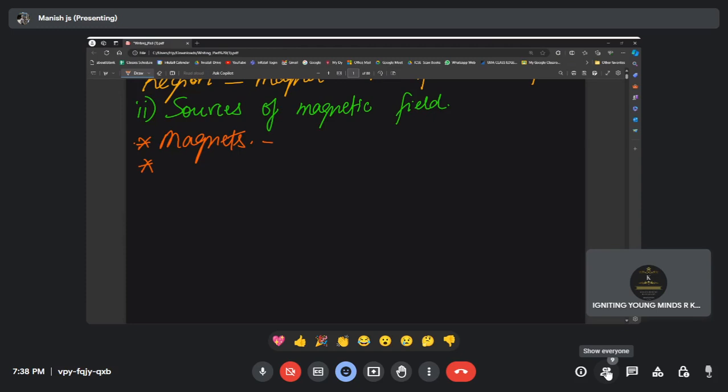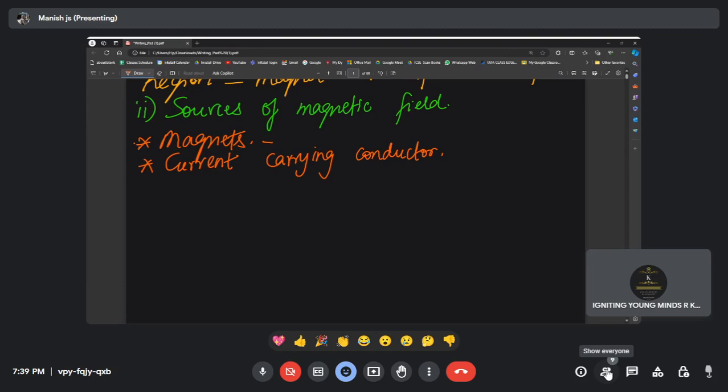Okay. Next, we can talk about a current carrying conductor. Okay, so this is also a source of magnetic field. Whenever you have a wire that carries current, it shows magnetic property. How is this really true?